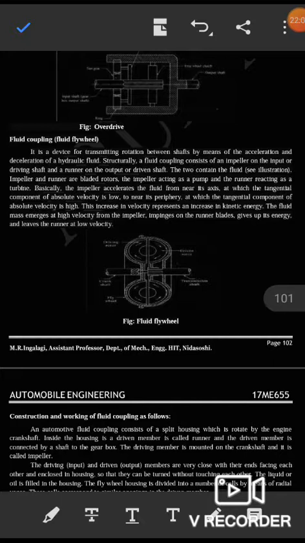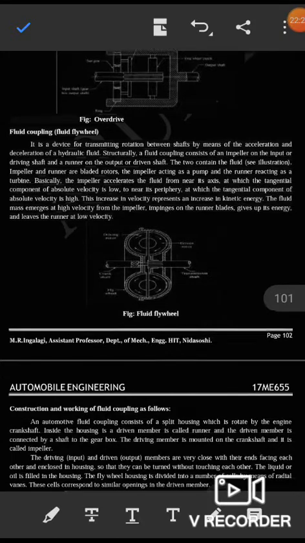This increase in velocity represents an increase in kinetic energy. The fluid mass emerges at high velocity from the impeller, impinges on the runner blades, gives up its energy, and leaves the runner at low velocity.